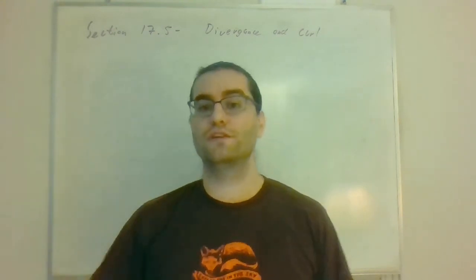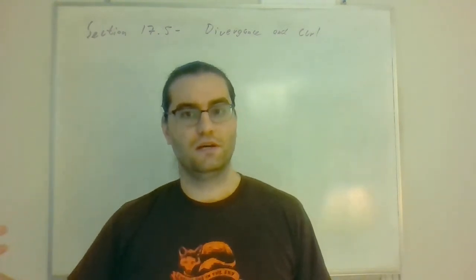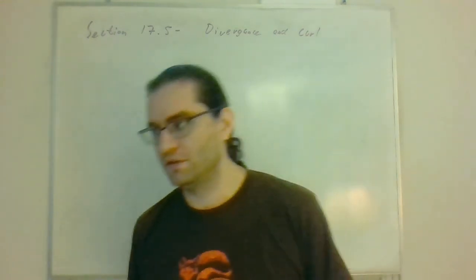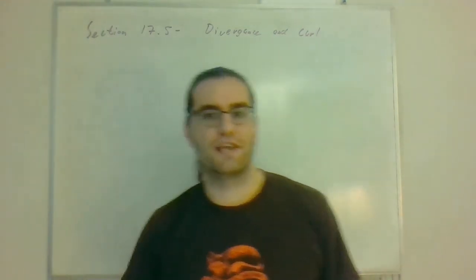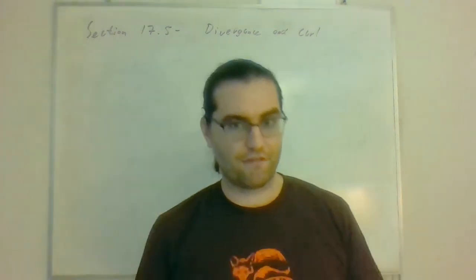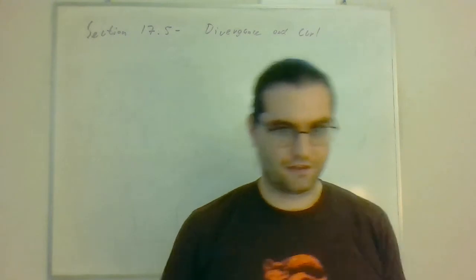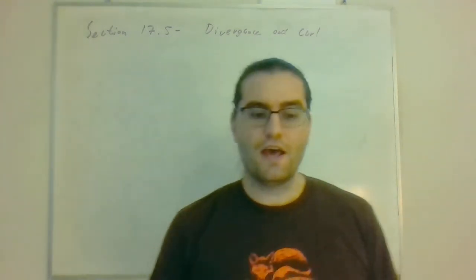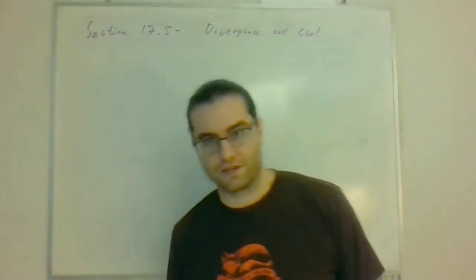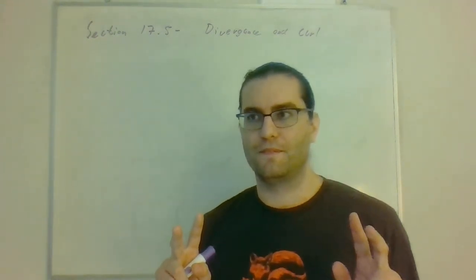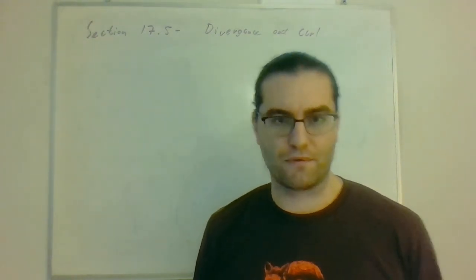Most of what we're going to do with them is just going to be finding them mathematically. We're going to talk about how to get them. If you have a vector field, how do you get the divergence of that vector field? If you have a vector field, how do you get the curl of that vector field? And to do those things, we need to talk about the del operator.